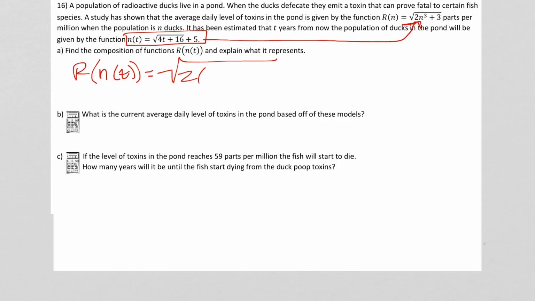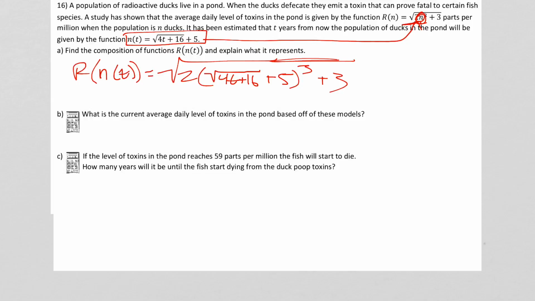So 2 times the square root of 4t plus 16 plus 5, gross. That entire thing is in parentheses, and that entire thing is going for that n right there. So we need to cube it, and then add 3 to finish the r function, and all of that is under the square root. Gross, ugly, disgusting. But that is r of n of t, and explain what it represents.